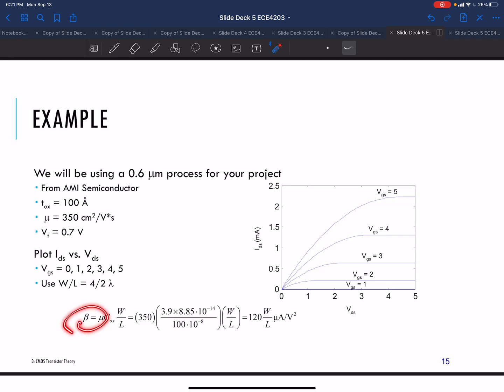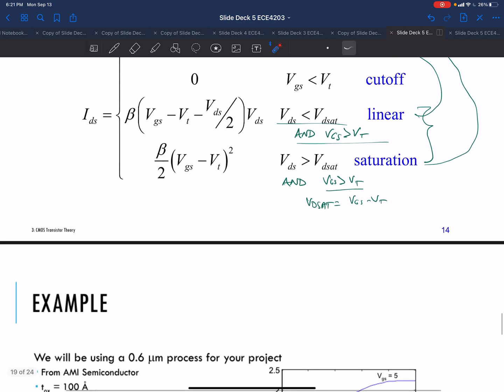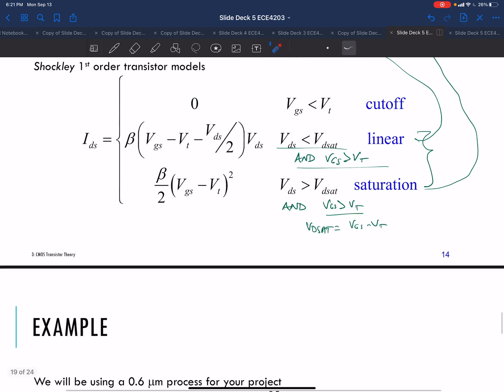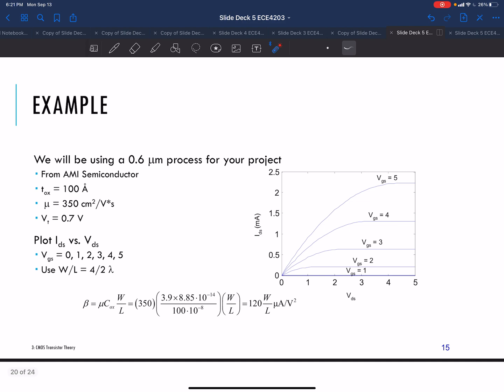So the first thing you actually do is calculate this beta value, because that stays constant for all the voltages. You're just basically calculating this, so you can just multiply it by the voltages as you sweep these voltages across. And you'll see this very familiar parameter.